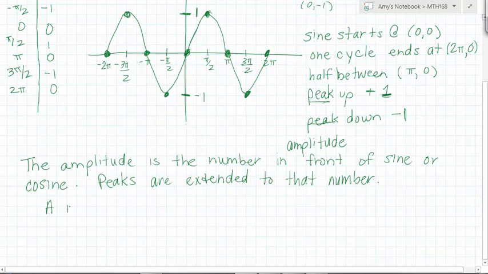If it's a positive 4, your peak up is going to be 4 and your peak down is negative 4. If that 4 was a negative number, a negative number in front of your sine function will change the flow.